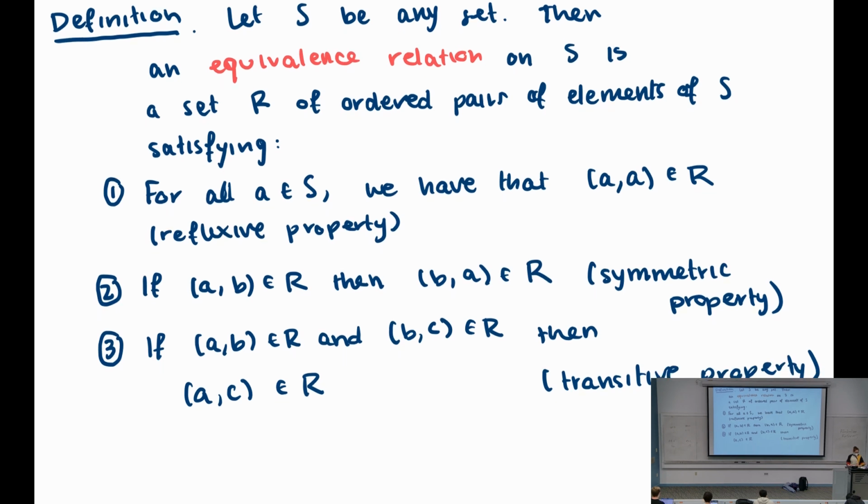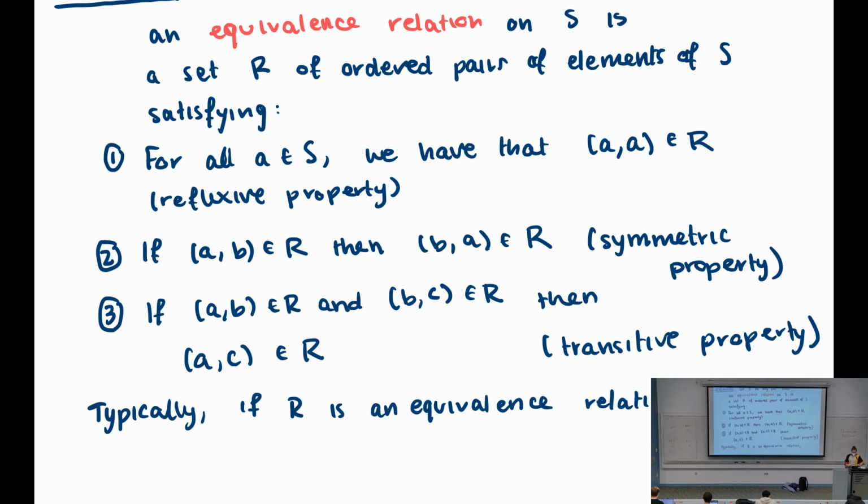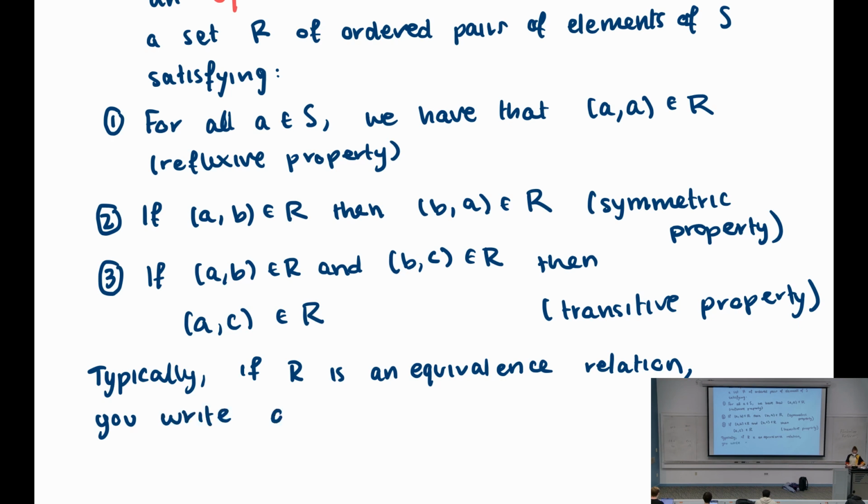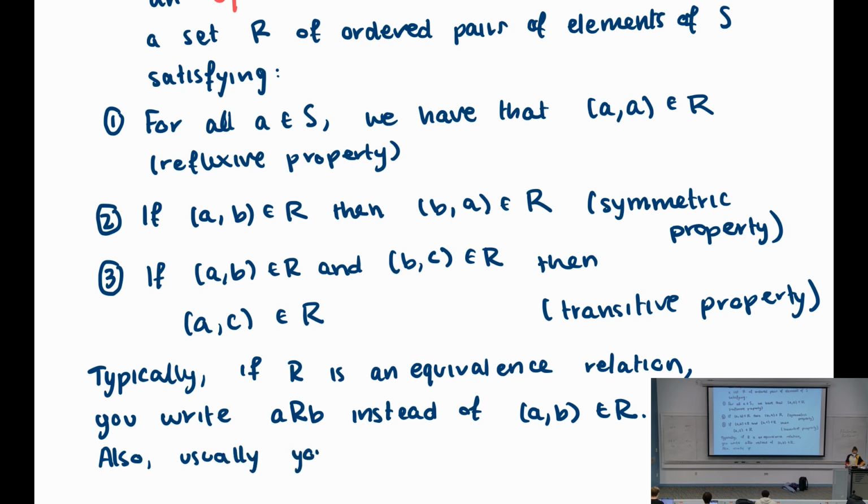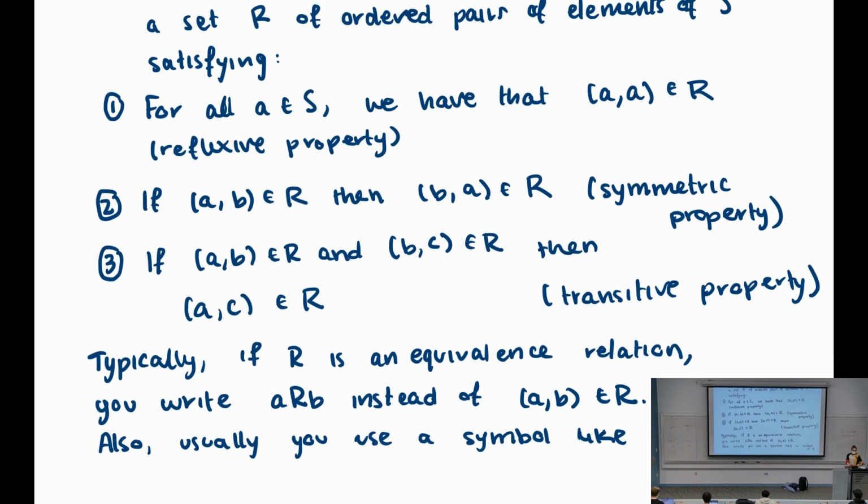So this formal way of thinking about it is a little bit strange. So typically, if R is an equivalence relation, you would write ARB instead of the pair A comma B being an element of R. And then also, usually you use a symbol like this tilde instead of the symbol R. So you might say, for example, tilde is an equivalence relation.